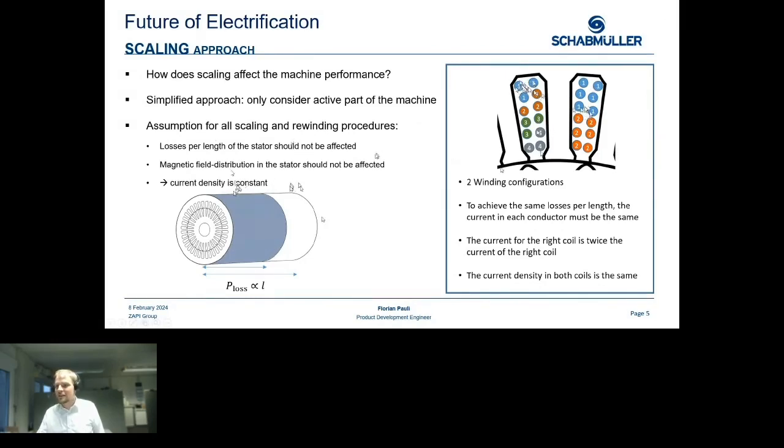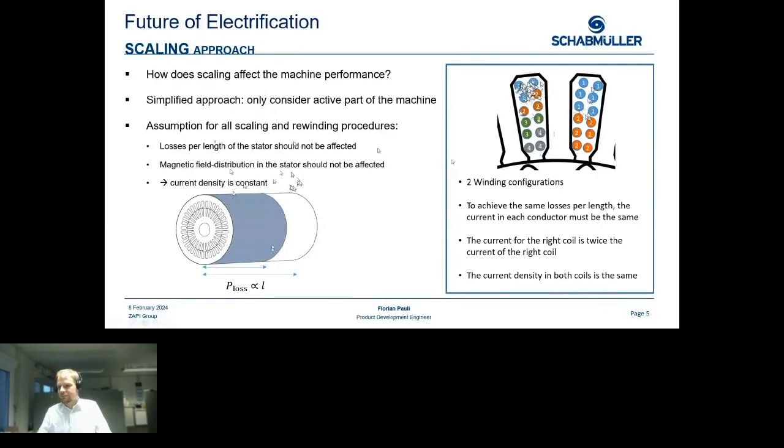If we just keep the overall current through the coil the same, we would end up with a current density twice as high in the left coil than in the right coil, because in the left coil the current is distributed over fewer wires.